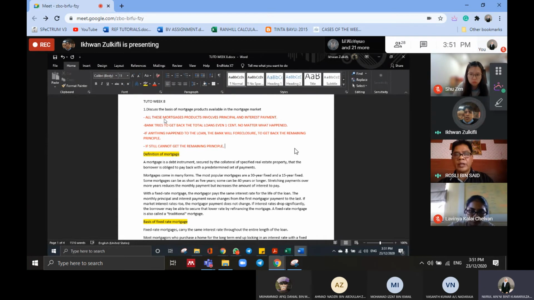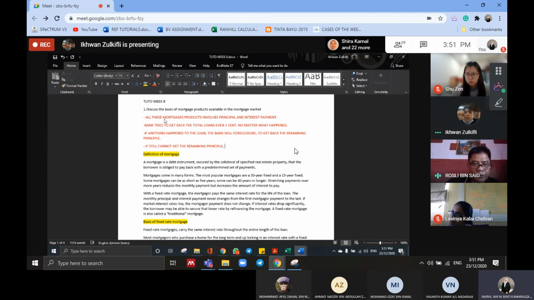Or you can put the definition of mortgage first, but not that long like this. Just put a very simple one. What is a mortgage? Just put that, like the diagram I gave you. It will be the creation of mortgage. You don't have to explain about 15 years, 30 years, etc. under the definition.